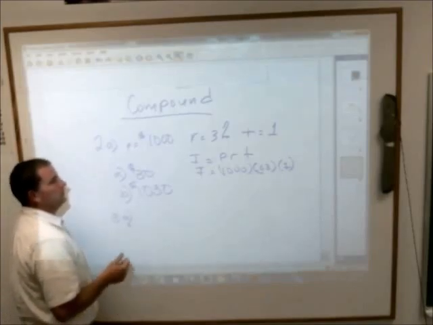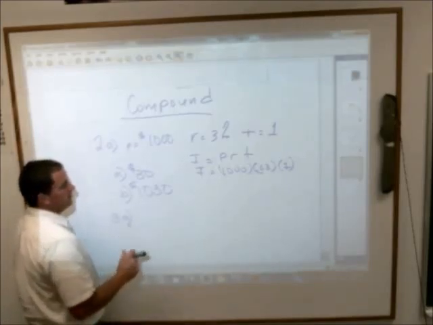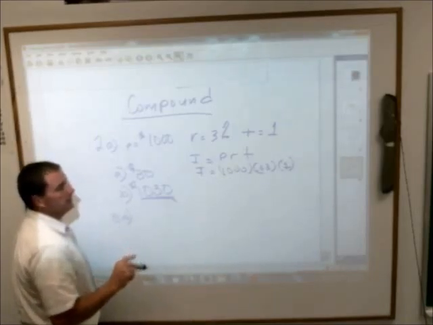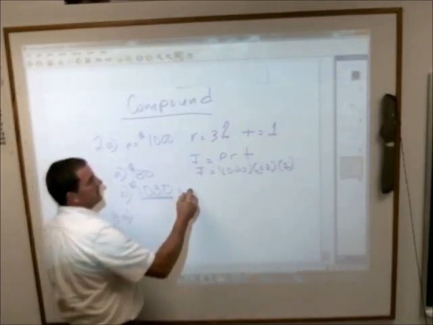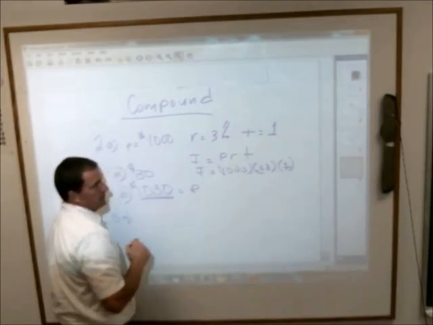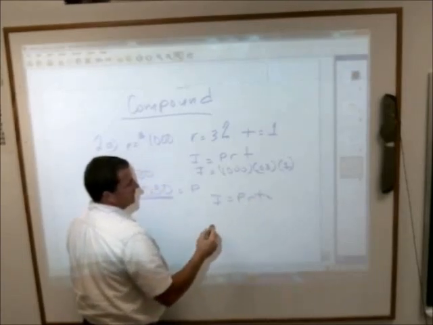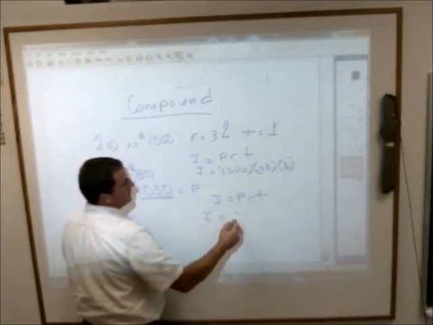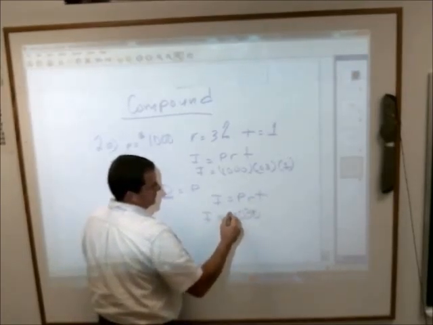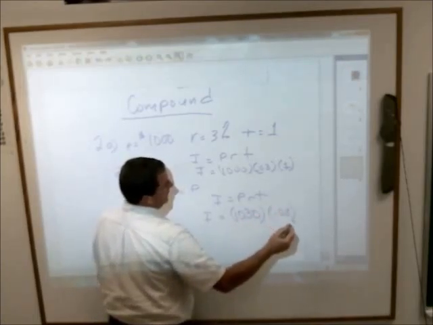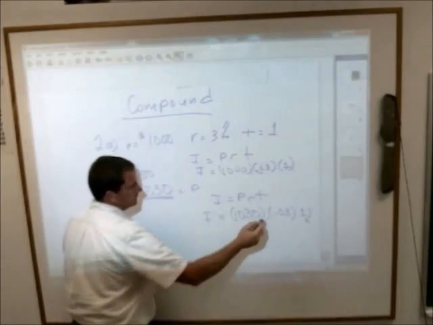What we're going to do this time is switch things up a little bit. Since I have $1,030 in the bank after 1 year, I am going to use this as my new principal. So now my interest equals principal times rate times time. I'm going to use $1,030 instead of the 1,000. My rate is still 3%, and my time is still just 1.